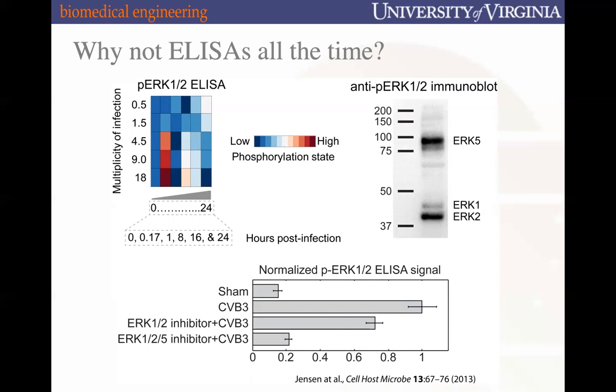In the context of Coxsackie virus infection, which is some of the work that the Jane's lab does, they discovered that it's actually a mixture of ERK1, 2, and 5, despite an antibody that's only meant for ERK1 and 2. What Western blotting allows you to do is separate out those proteins, because ERK5 has a different molecular weight.